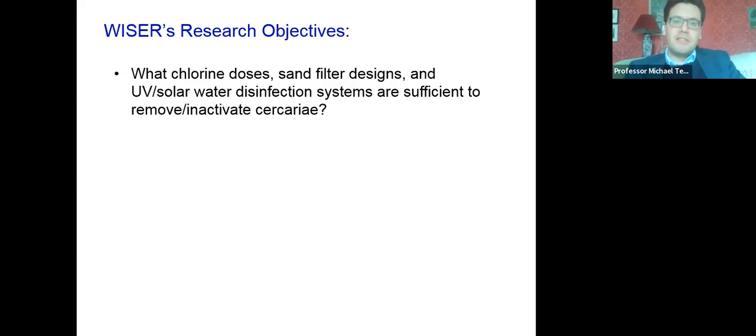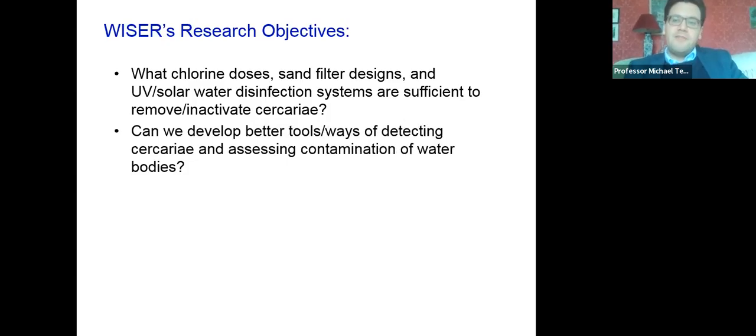Second objective was more of a synthetic biology objective, which was looking at, can we develop better ways or sensors for detecting the cercariae in water bodies and assessing the contamination of water bodies. A lot of the methods that are used nowadays, as I said earlier, rely on people going out and finding those snails and then taking the snails back to the lab and seeing if the snails are shedding the parasite.